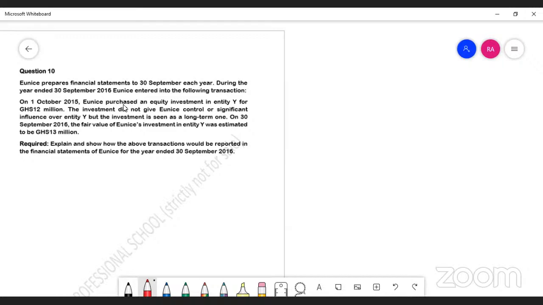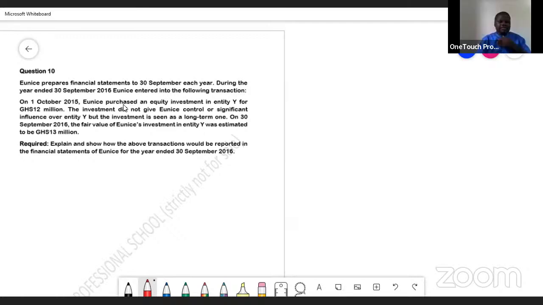On 1st October 2015, Eunice purchased an equity investment in entity Y for 12 million. The investment did not give Eunice control or significant influence over entity Y, but the investment is seen as a long-term one. Once it is seen as a long-term one, the default method is that it should be measured at fair value through P&L, is correct.